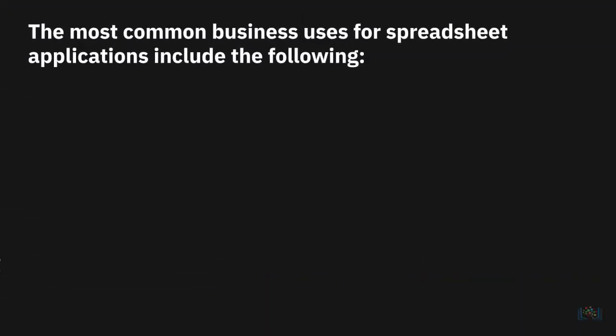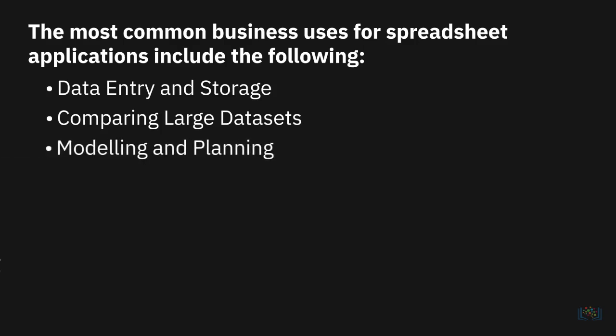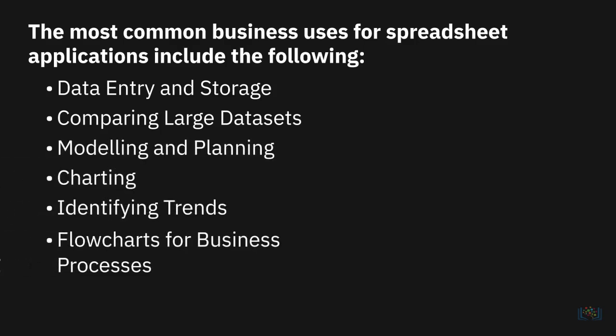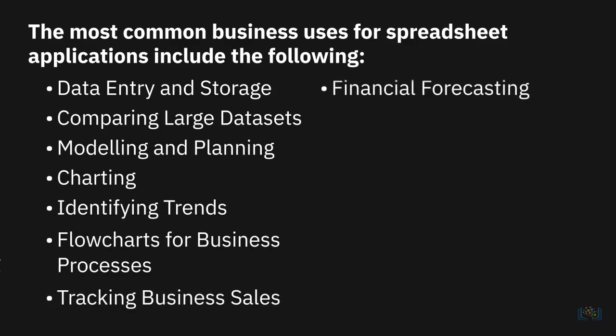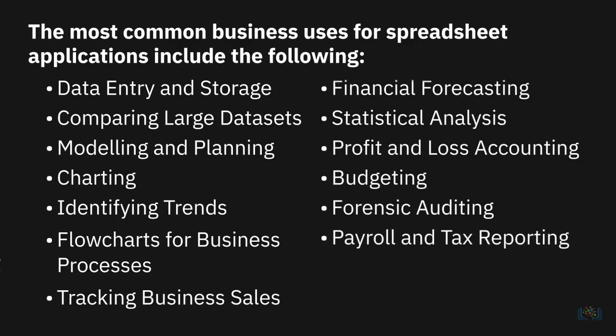The most common business uses for spreadsheet applications include the following: data entry and storage, comparing large data sets, modeling and planning, charting, identifying trends, flowcharts for business processes, tracking business sales, financial forecasting, statistical analysis, profit and loss accounting, budgeting, forensic auditing, payroll and tax reporting, invoicing, and scheduling.